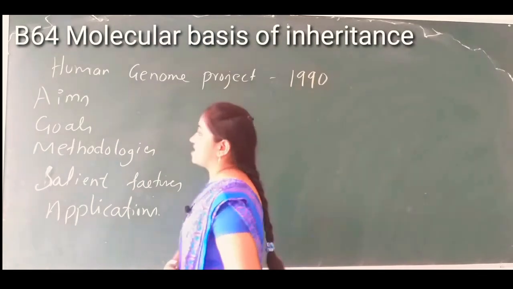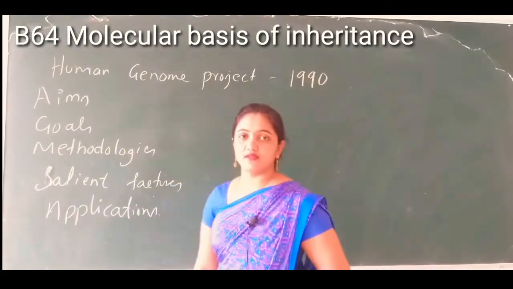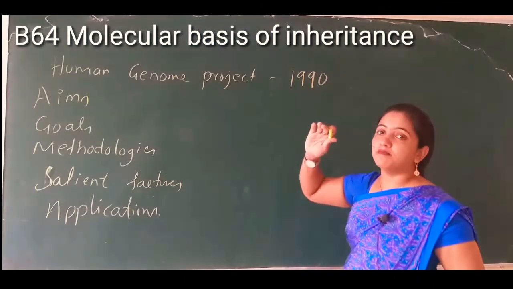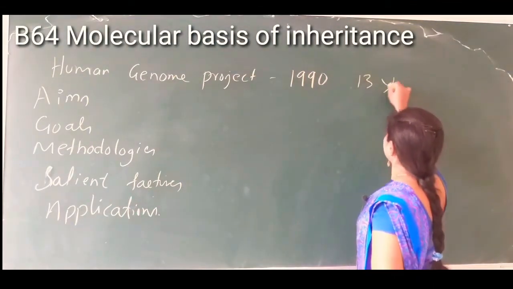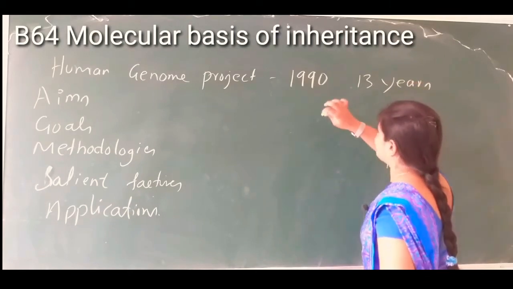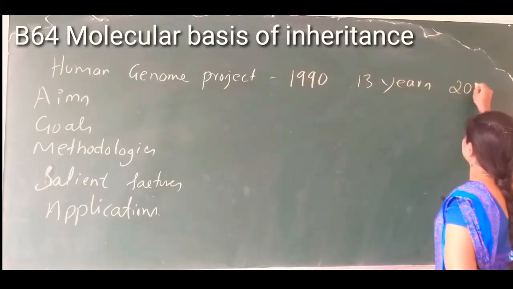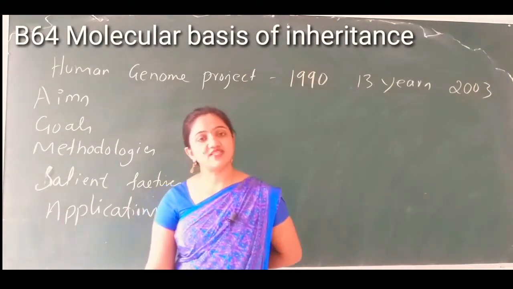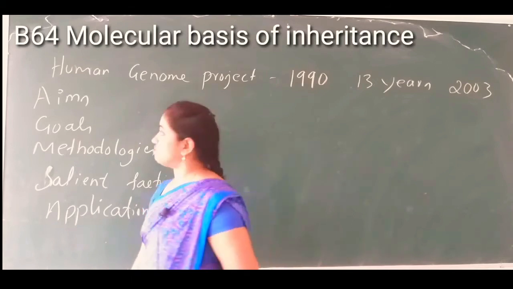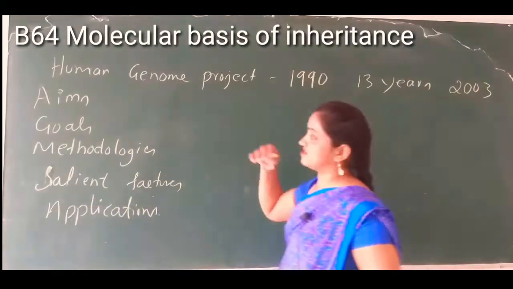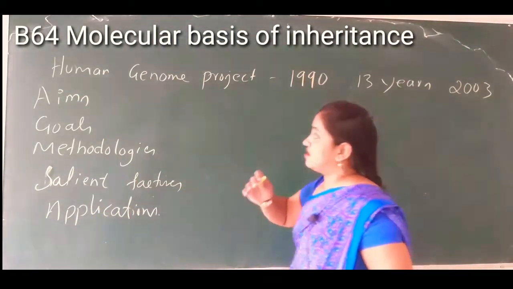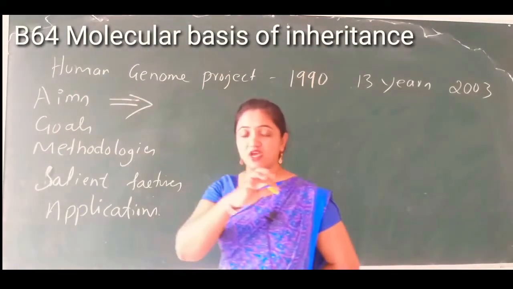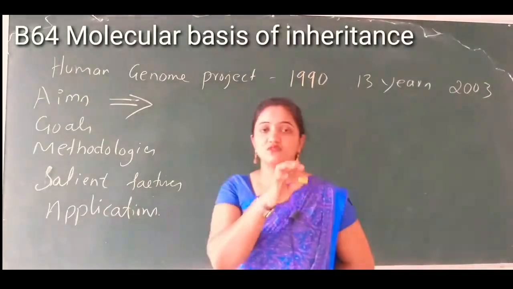The work started in 1990. They estimated this project should be completed in 13 years, that is, by the year 2003. What were their aims? How did they plan to do this work? This is how we have to work on this project.